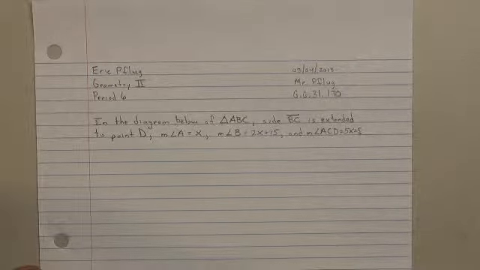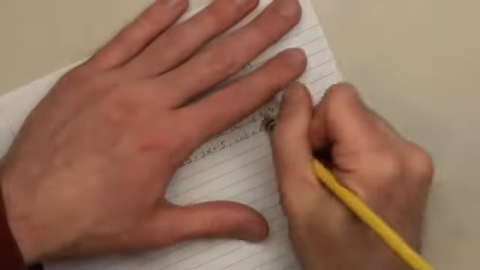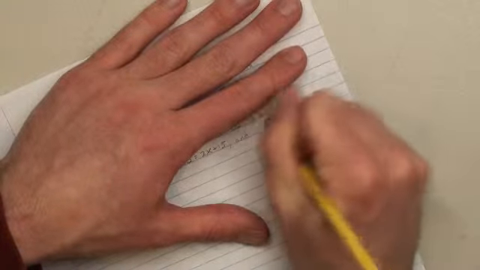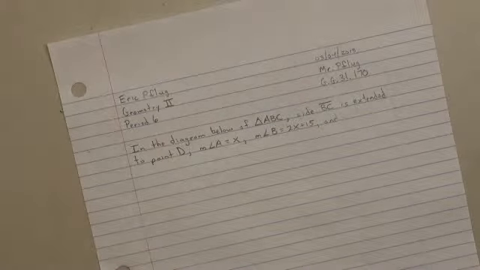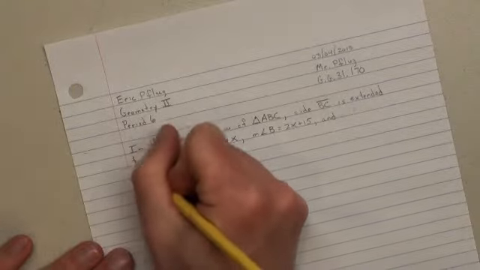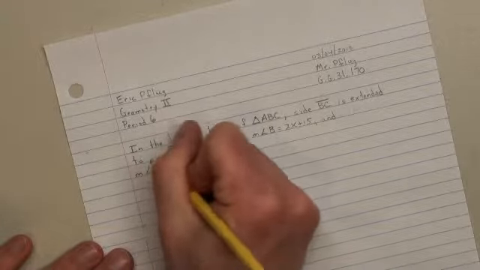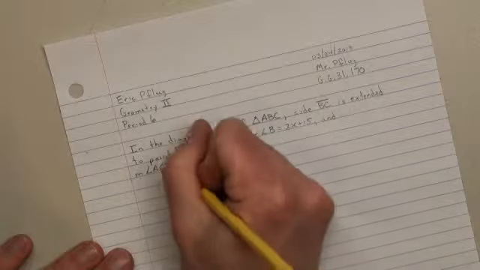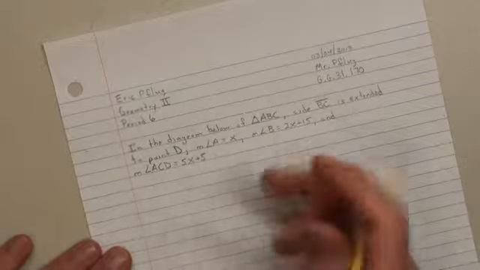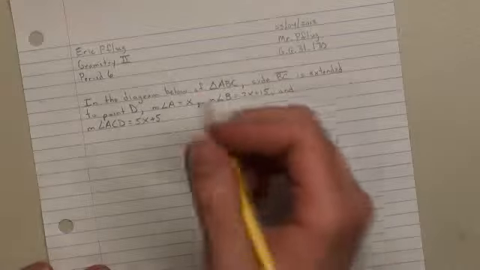Okay. In fact, I'm going to write that on the next line because it didn't quite fit here. So, and the measure of angle ACD equals 5x plus 5. Period.